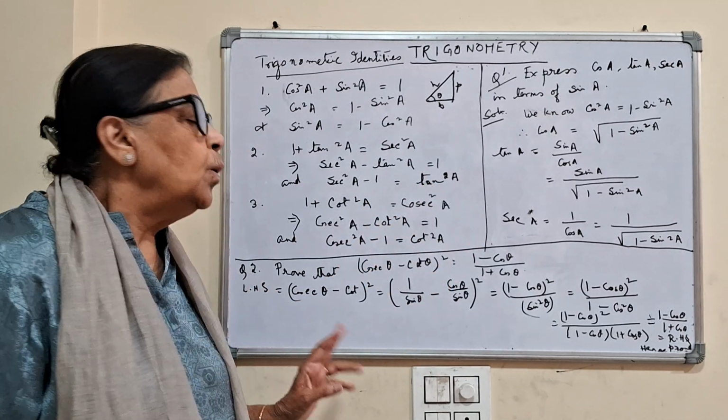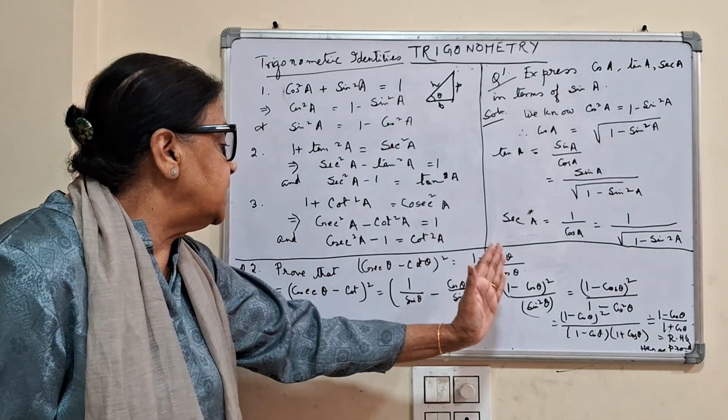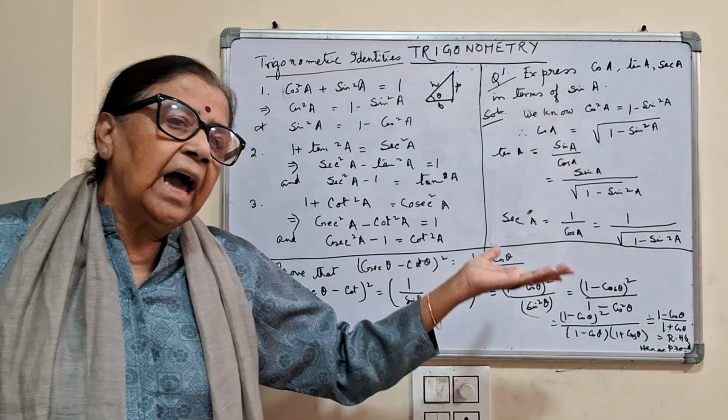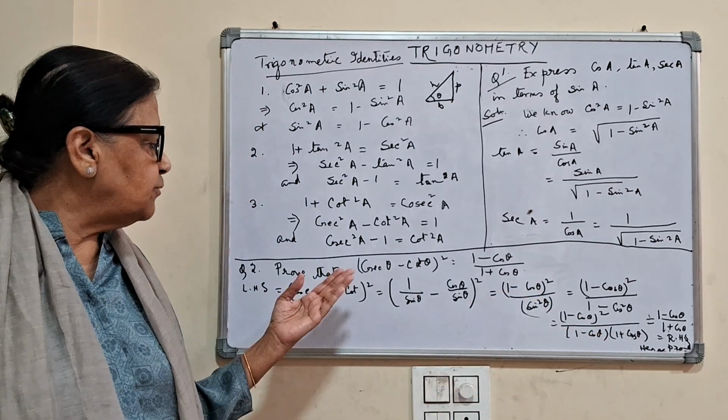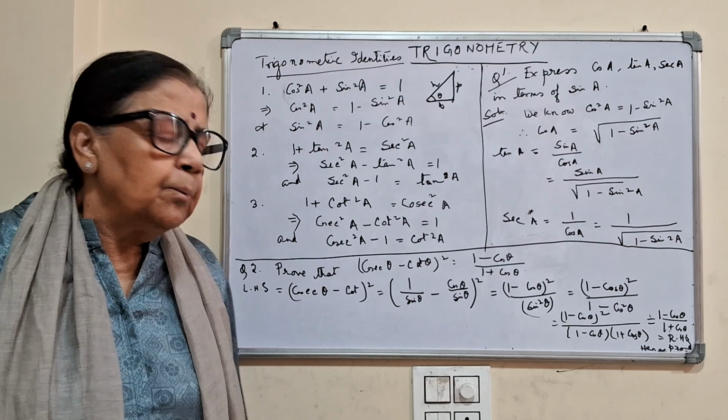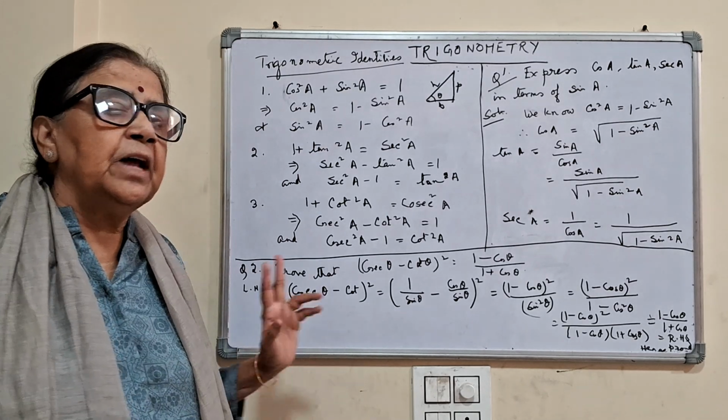Question number 2, they are called identities. That means the left hand side will be equal to the right hand side. I can start from the left hand side also, I can start from the right hand side also. Now I am starting from the left hand side.